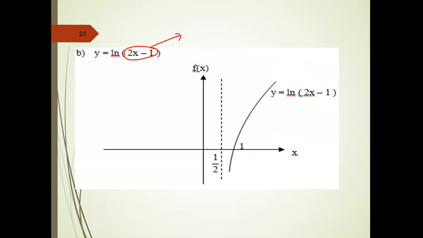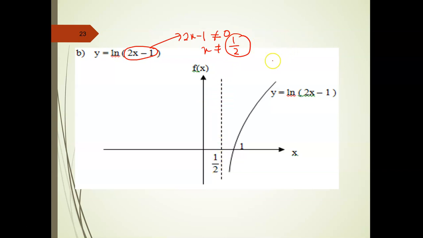So for ln(2x minus 1), in order to find the asymptote, you find the value of x first. 2x minus 1 cannot equal 0. So x cannot equal 1 over 2. So you will have this asymptote at x equals 1 over 2.